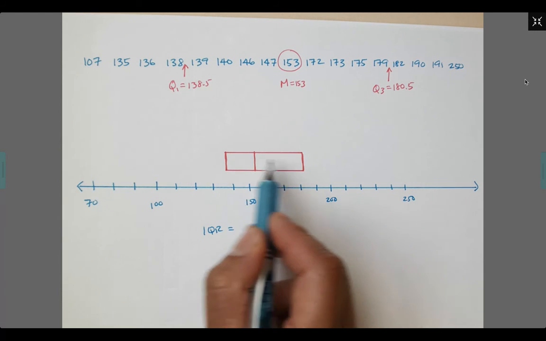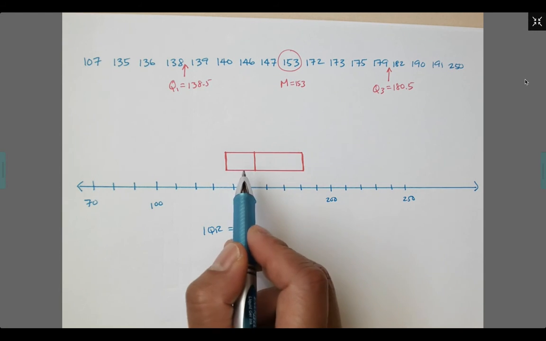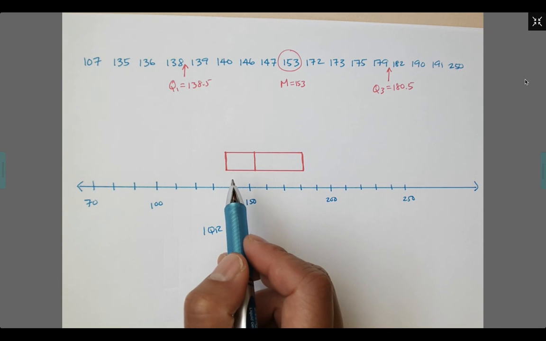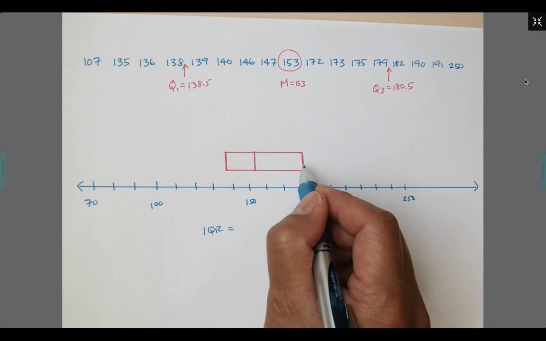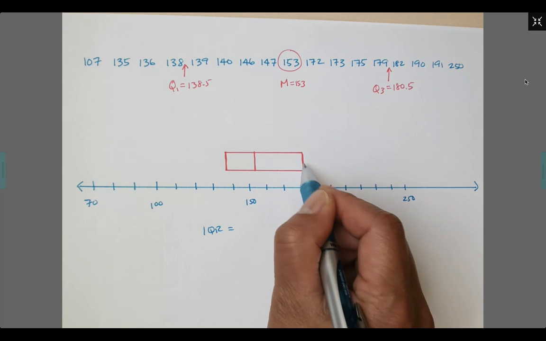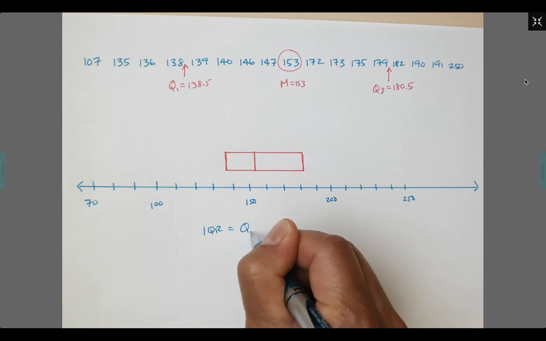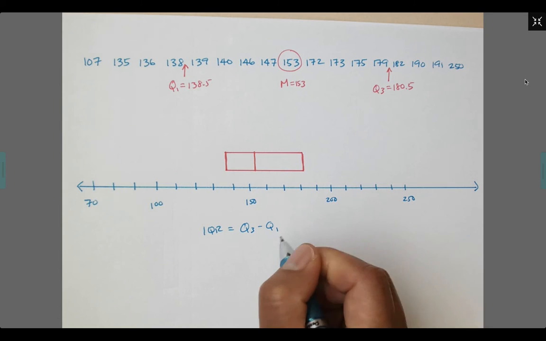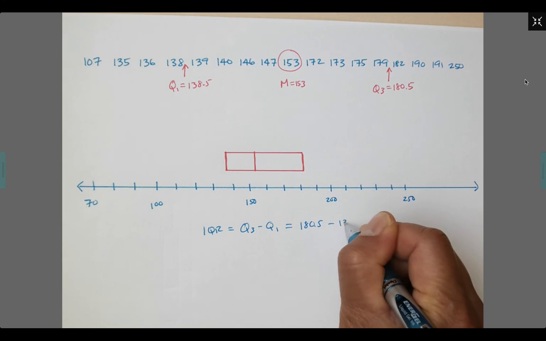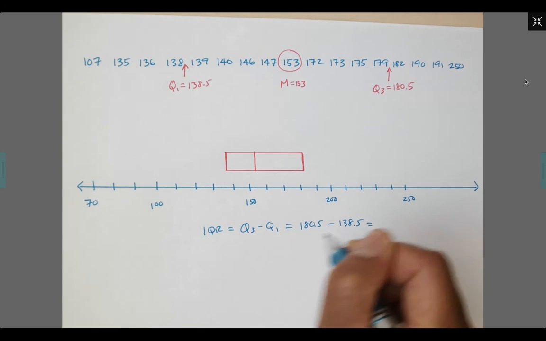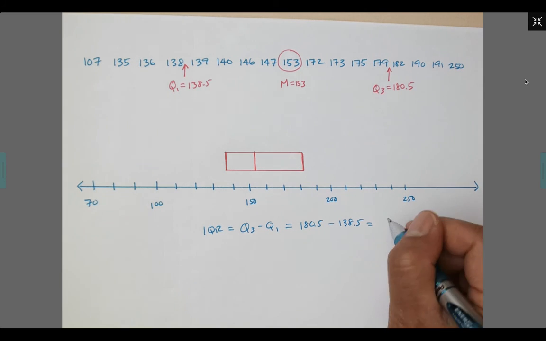So what is the range of my middle 50%? You know that range is just max minus min. So in this case, my range is Q3 minus Q1. So that is equal to 180.5 minus 138.5, which is, I believe, 42.